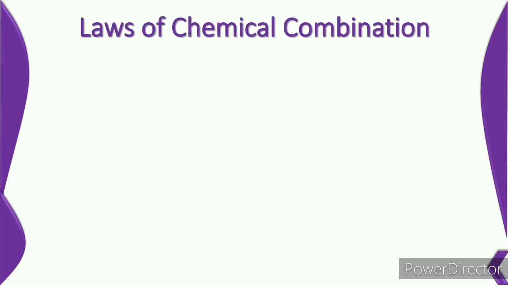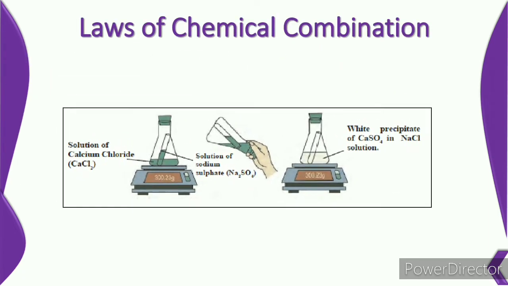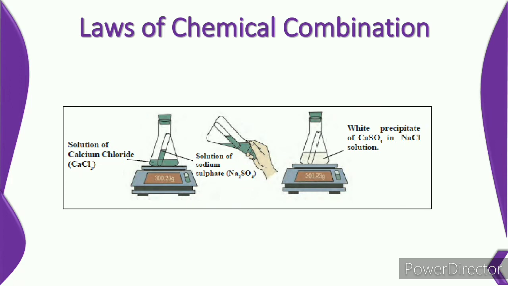Okay. Now we will see laws of chemical combination. We have studied about chemical change and physical change in previous classes. We know that when there is a chemical change, then chemical reactions take place.